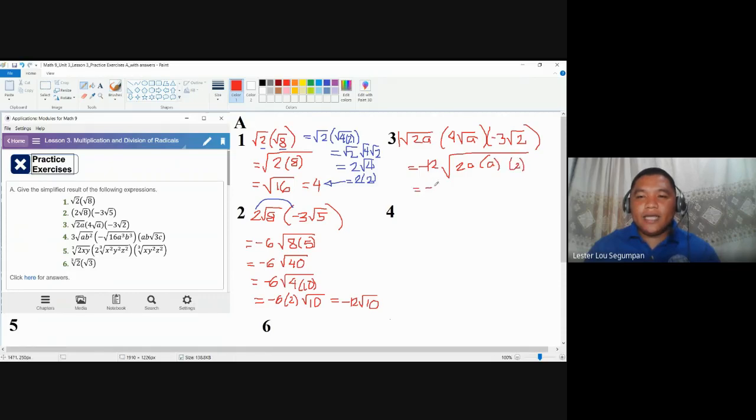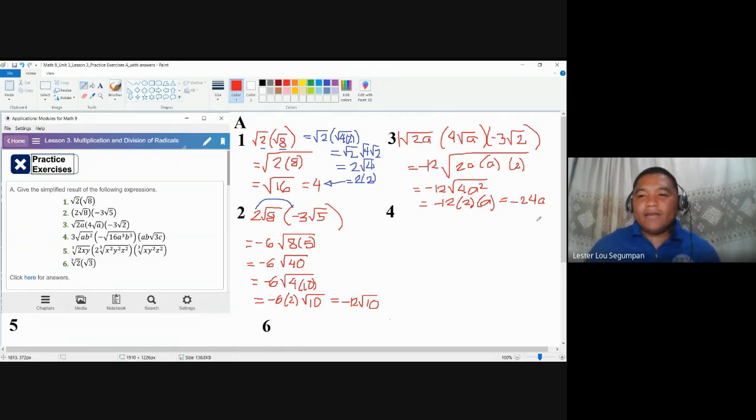So this is negative 12 square root of 4a squared, wherein 4 is a perfect square and a is also a perfect square. This will result to negative 12 times 2 times a, which is negative 24a.